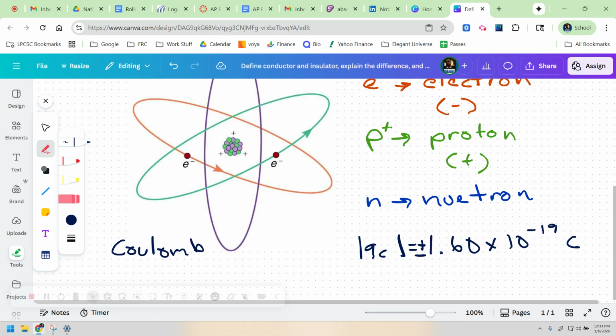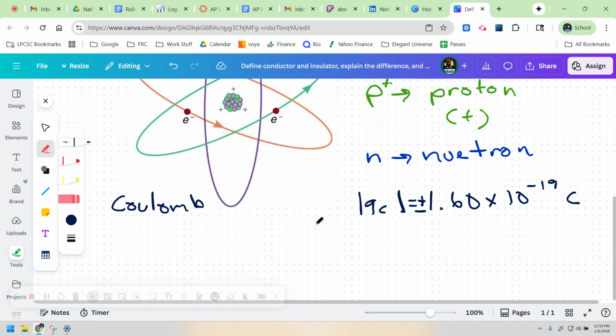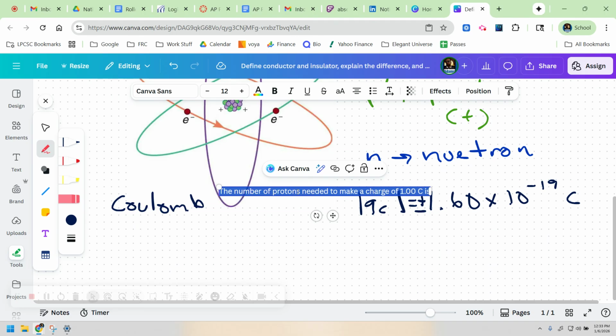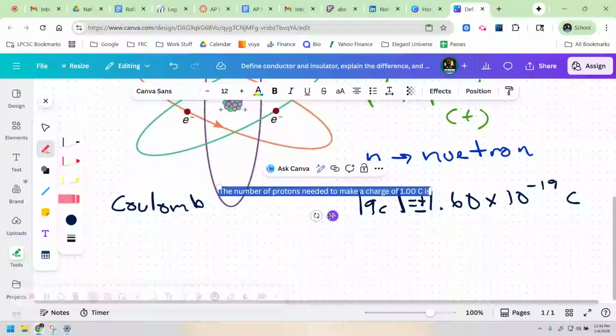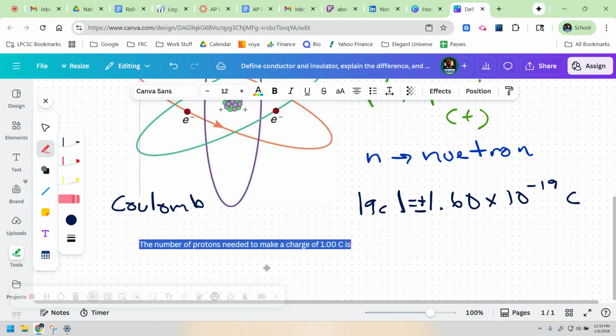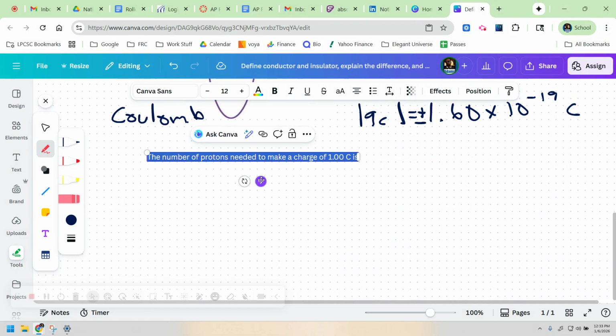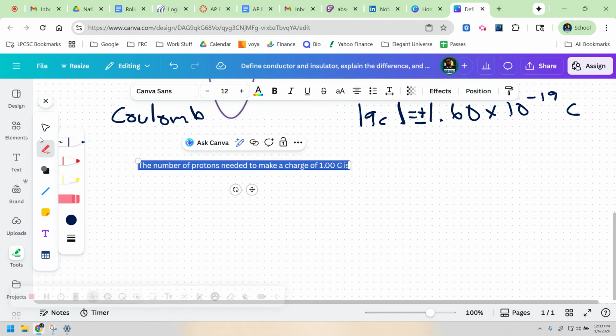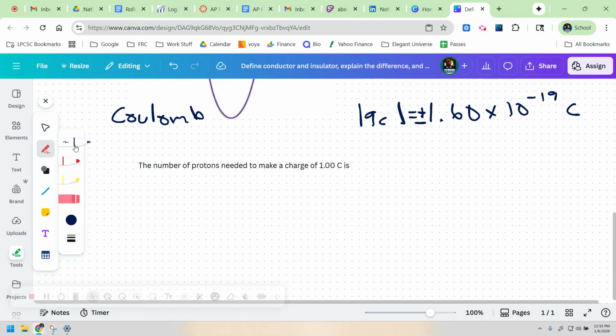So this is a little bit trickier. So let me write this out. The number of protons needed to make 1 coulomb, right? Because this is, by the way, a very small number, right?